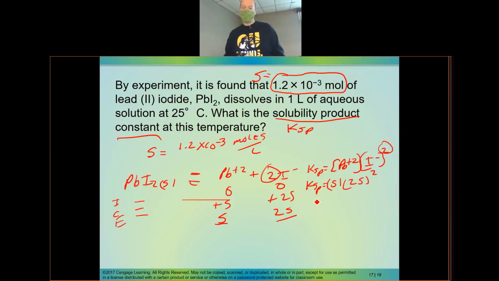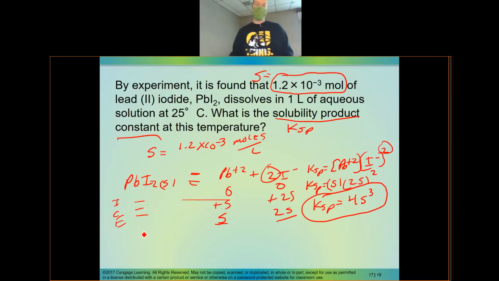Now your KSP is equal to 4S to the third. They gave you S, and they asked for KSP, so you simply plug it in. Your KSP is equal to 4 times 1.2 times 10 to the minus 3 raised to the third. That's minus 9, and that's 1.6.